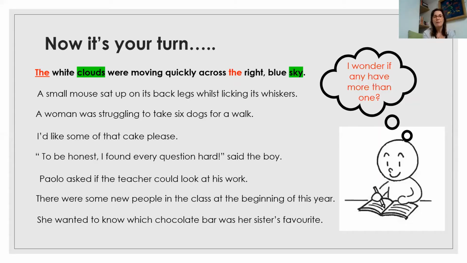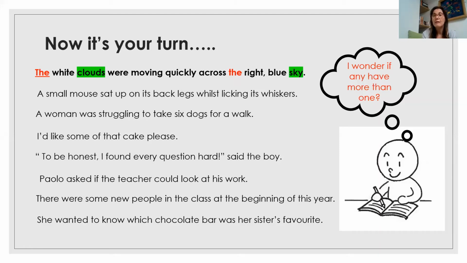Now it's time for you to have a go. See if you've understood. What I'd like you to do in a moment when I say stop is to stop the video and write these sentences into your book. I want you to underline the determiners that you can see within the sentence. Remember that there might be more than one.